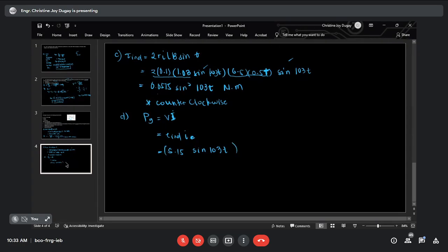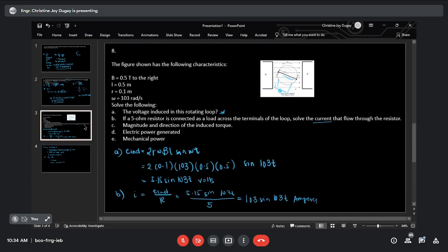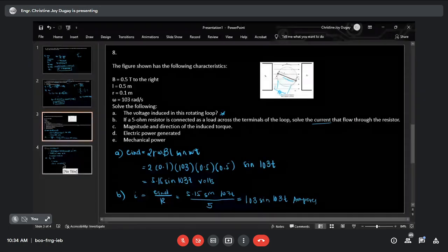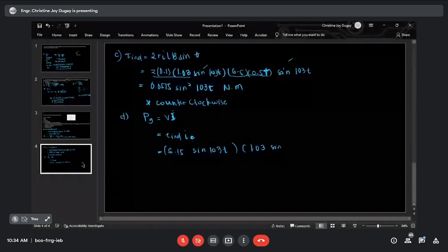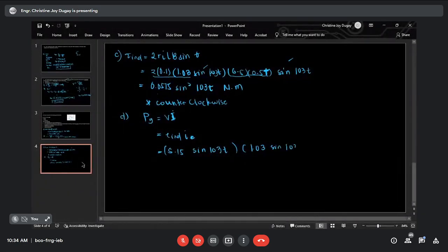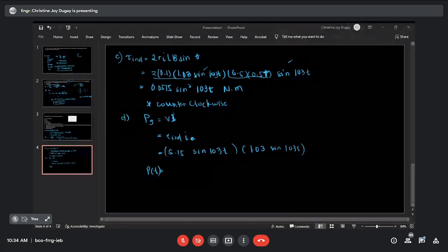Multiply nyo lang kay current, which is 1.03 sine of 103t. So that is the equation, no, of P. Ang P natin dito is in terms of time, kaya P of T po siya, no?